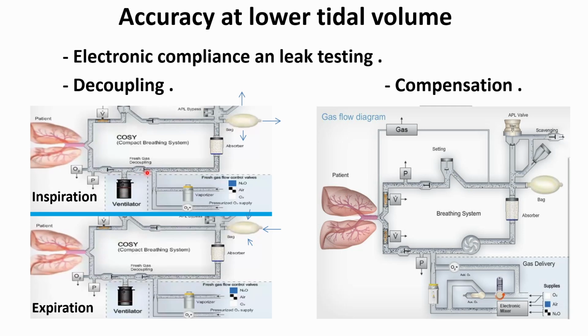Again, in inspiration this valve will be closed and this valve will be open and will give this gas. In this mechanism the bag will be inflated during inspiration because of the high pressure applied by the oxygen backward to here, and this oxygen will not pass to the patient from the other side because we have a valve here which will be closed during inspiration.